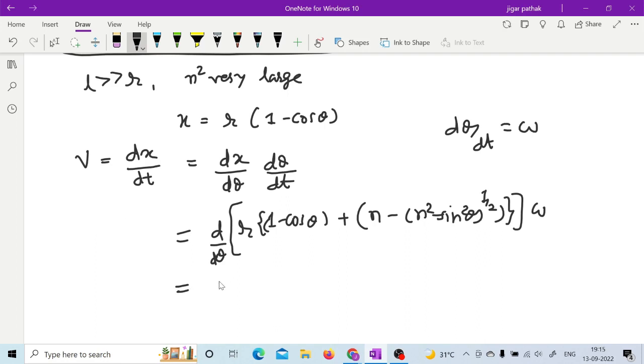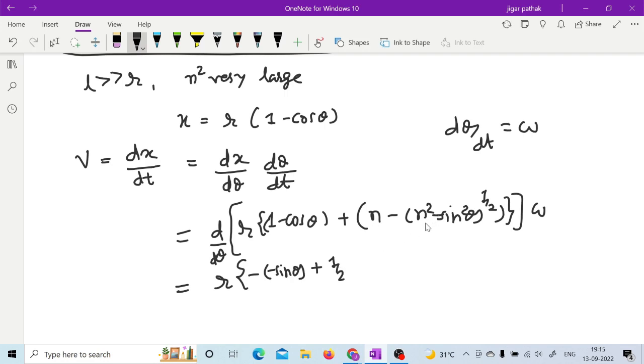If you differentiate it, the differentiation of 1 will be 0, and the differentiation of minus cos theta will be sine theta. For n, it will again be 0.